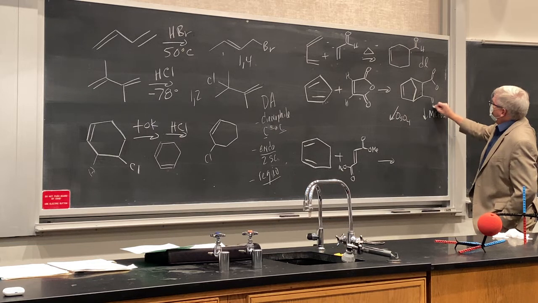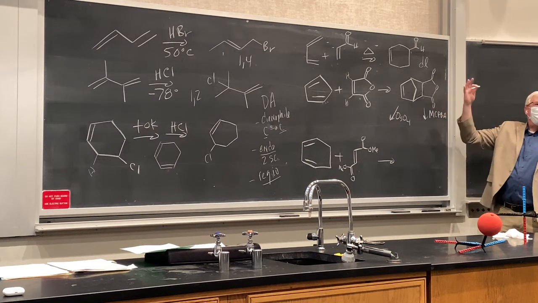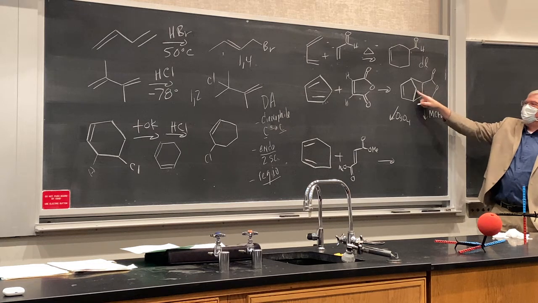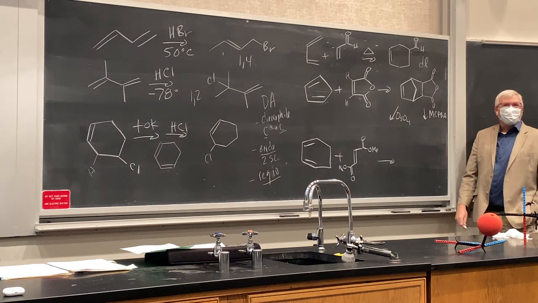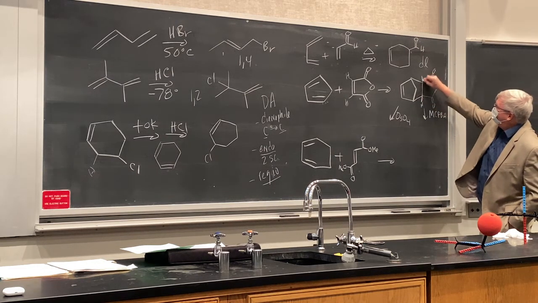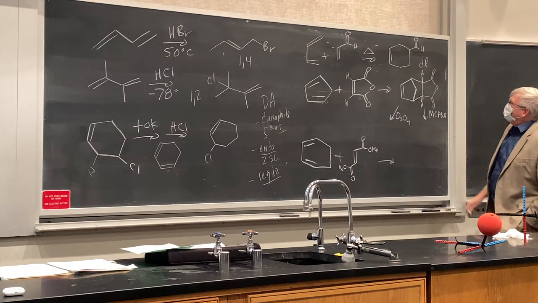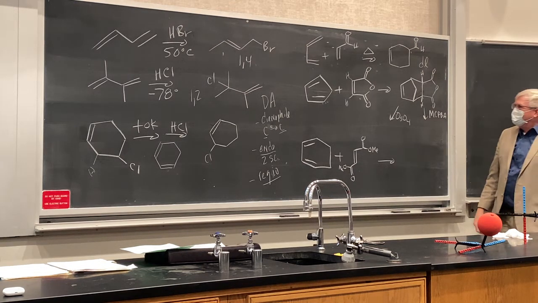And let's see if you've worked enough problems. These 2 hydrogens both up or both down relative to the methylene. Should I draw them up or down? Yeah, I should draw them up, okay? And so that will be the endo thing. We'll look at that in a second.